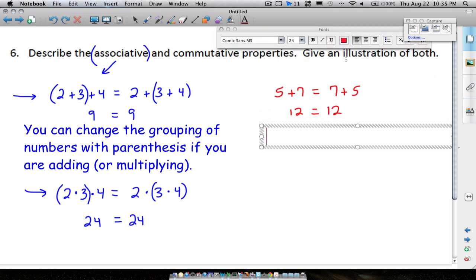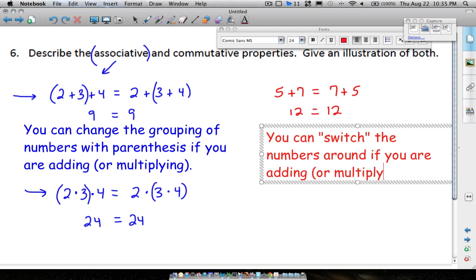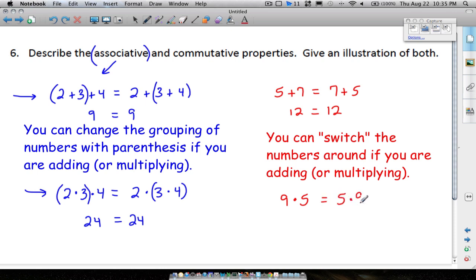So you can switch the numbers around if you are adding, or I'm about to show you multiplying. Picking two numbers, we're going to multiply them and then switch them around, such as 9 times 5. That's the same thing as 5 times 9. 9 times 5 is 45. 5 times 9 is 45. So we get the same answer.